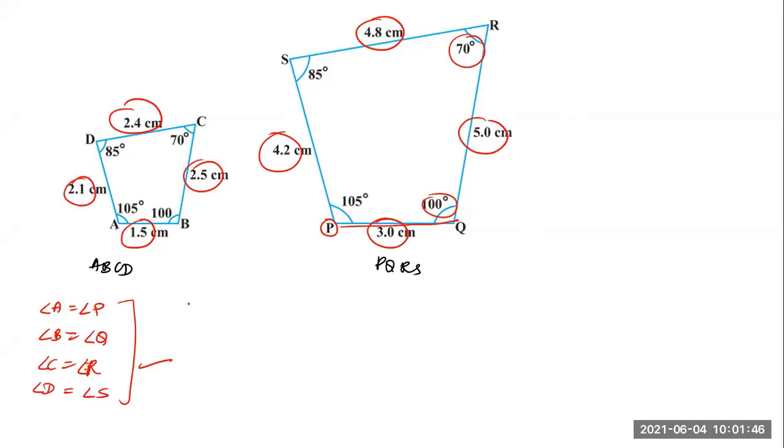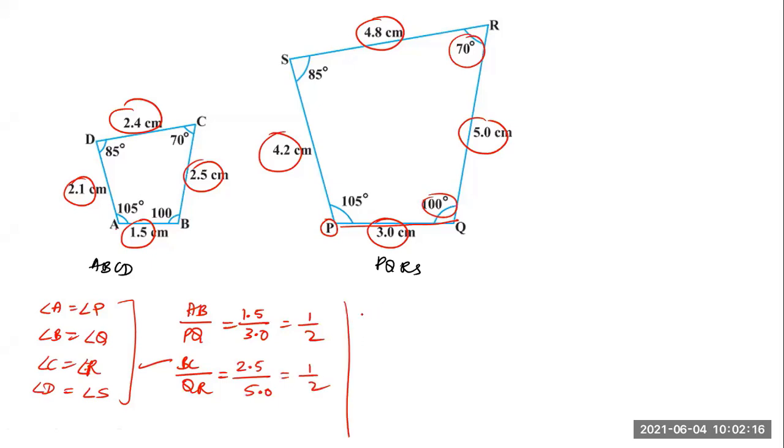So this is what you can write: AB by PQ, this is 1.5 by 3.0, in the sense 1 by 2, and BC by QR, that is 2.5 by 5.0, 1 by 2, and similarly CD by RS, 2.4 divided by 4.8, so this is also 1 by 2, and DA by SP, 2.1 divided by 4.2, so 1 by 2.